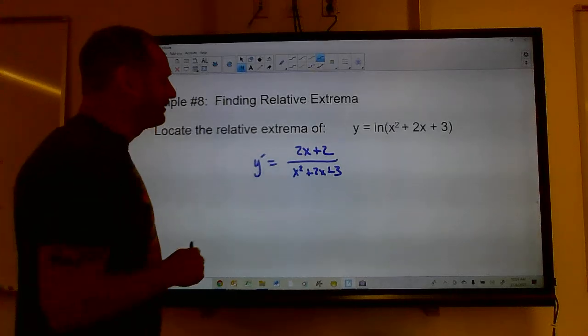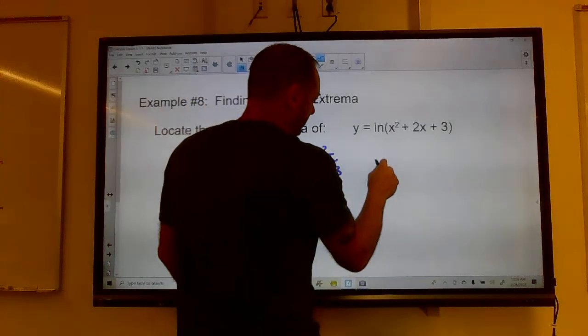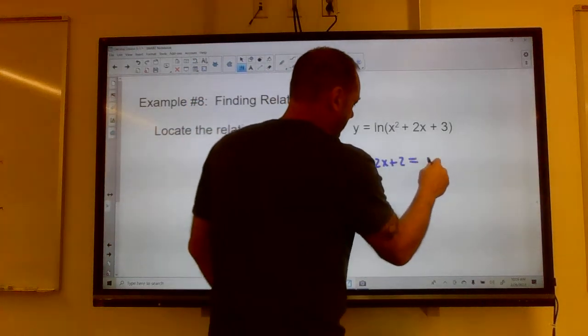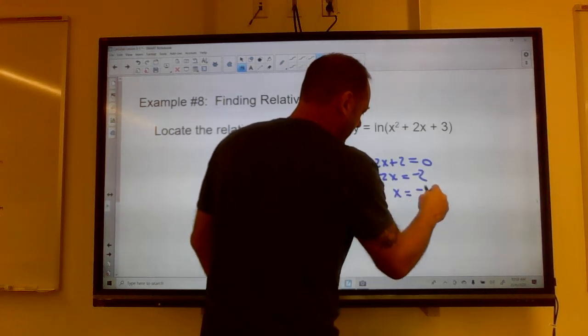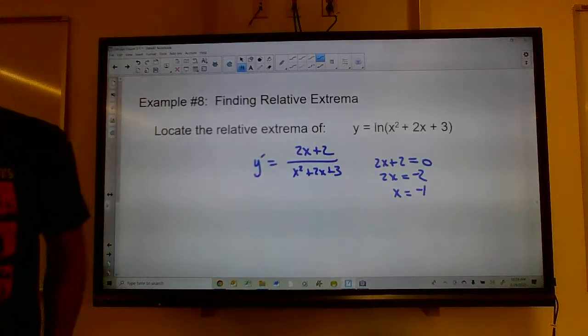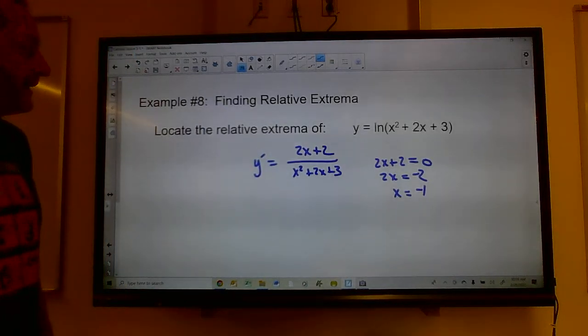So there's my derivative. I need to know when this is 0. Well, it's going to be 0 when the numerator is 0. So when 2x plus 2 is 0, 2x is negative 2, x is negative 1. So that's where the relative extrema is going to be.